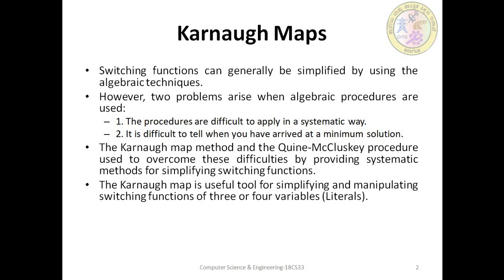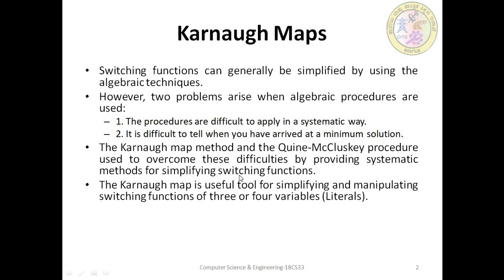That's one of the reasons. Also, whatever expression you get at the end, it's still not sure whether what you have obtained is a minimal one or the last solution for it. So in order to overcome such scenarios, we are going for Karnaugh maps.